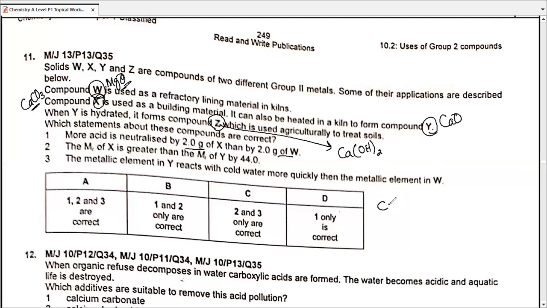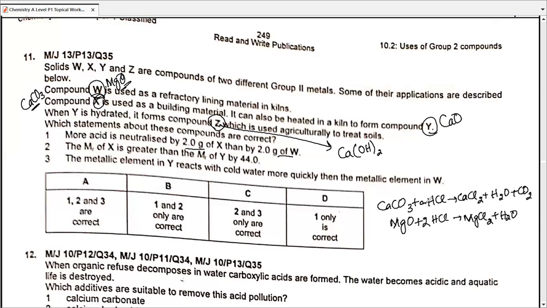So CaCO3 plus HCl gives you CaCl2 plus H2O plus CO2. On the other hand, MgO, it's about W and X, right? So MgO plus HCl gives you MgCl2 plus H2O.